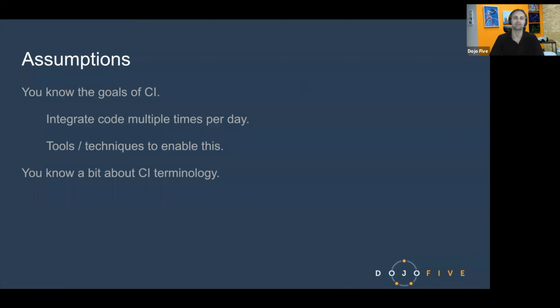Those are all important assumptions, that you understand and are along with me on that line of thinking. Also, that you know a little bit about CI terminology, and understand what I mean when I talk about continuous integration.